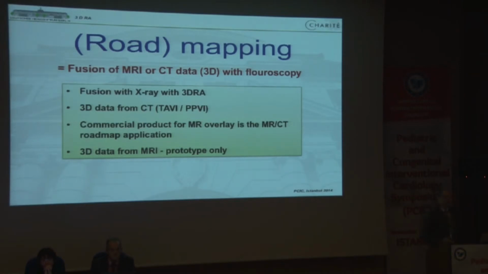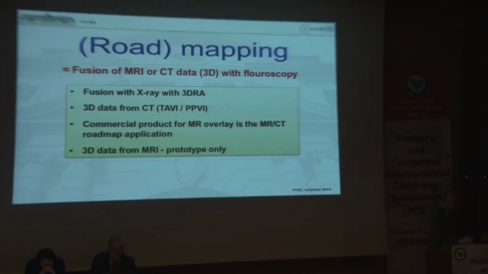This is in some way a commercial product for the CT information, which is coming from Siemens and Philips, and I think from GE and Toshiba as well. But for the MRI overlay and for the echo overlay, the echo navigator, it's only commercially available now from the Philips company.